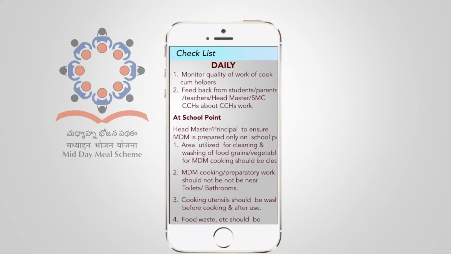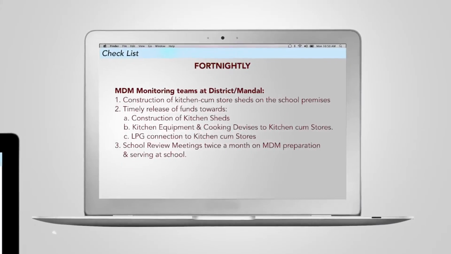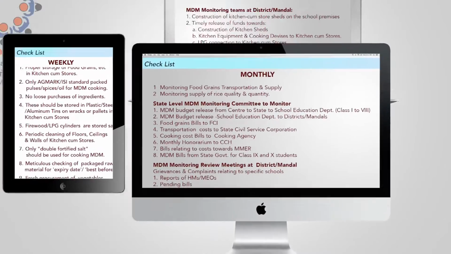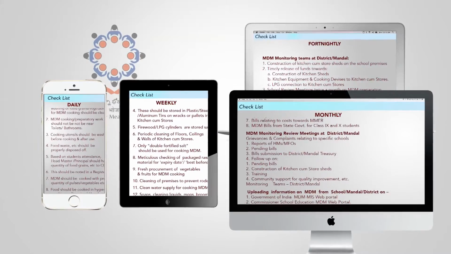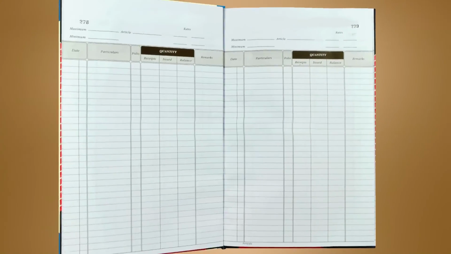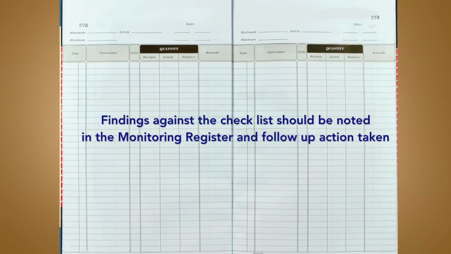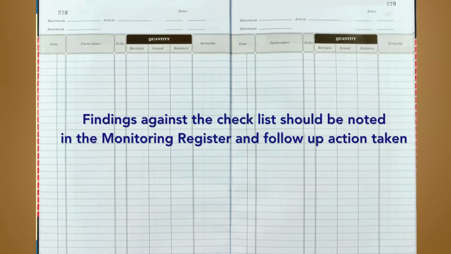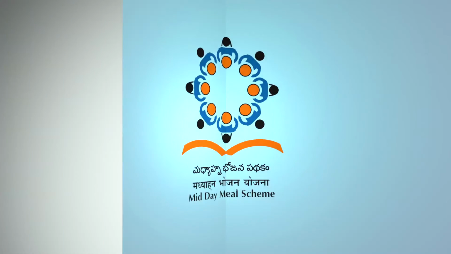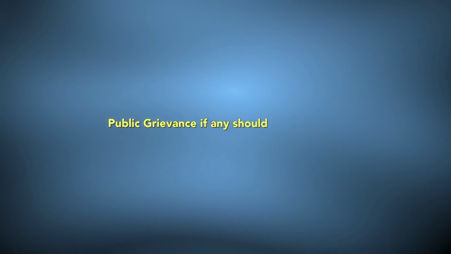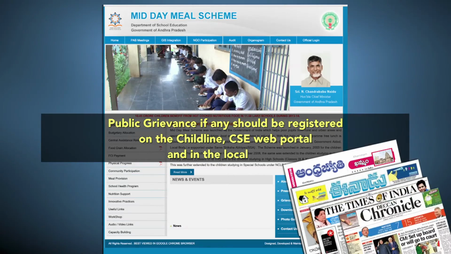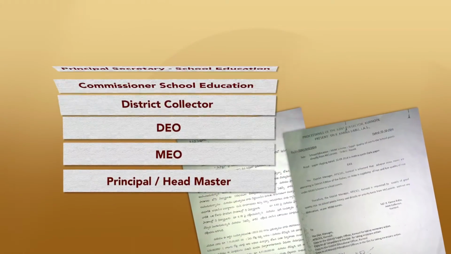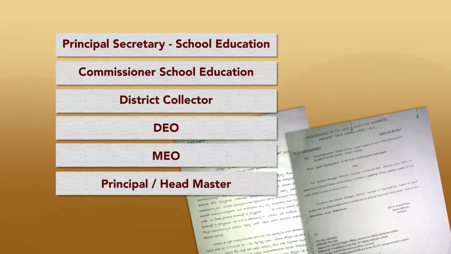A checklist of daily, weekly, fortnightly and monthly items to be monitored at different levels should be prepared and utilized for ensuring monitoring. Findings against the checklist should be noted in the monitoring register and follow-up action taken. Grievance redressal. Public grievance, if any, should be registered on the Childline, CSC web portal and in the local media. The grievances should be redressed immediately at respective levels.